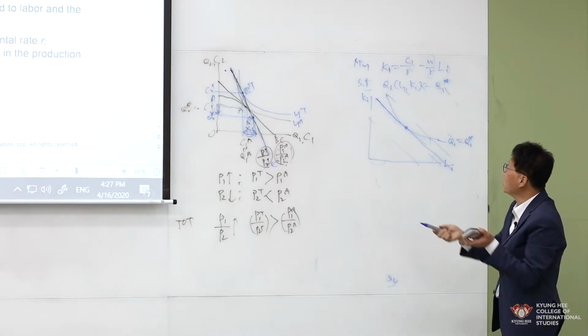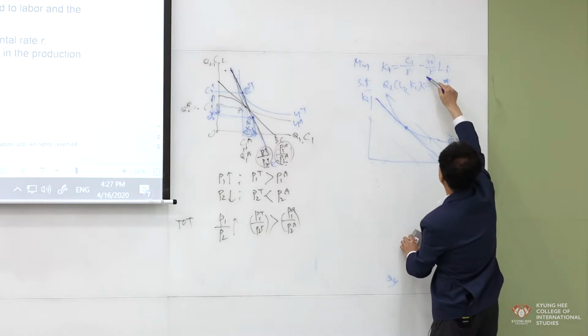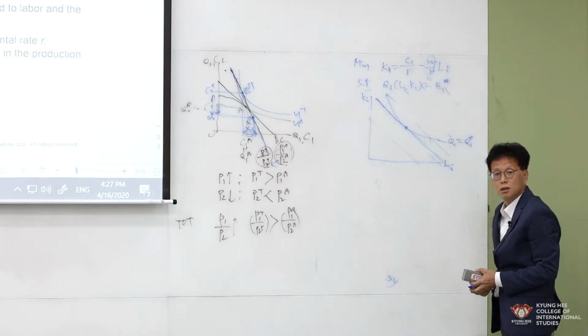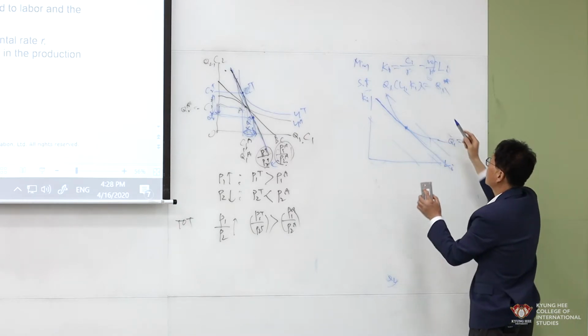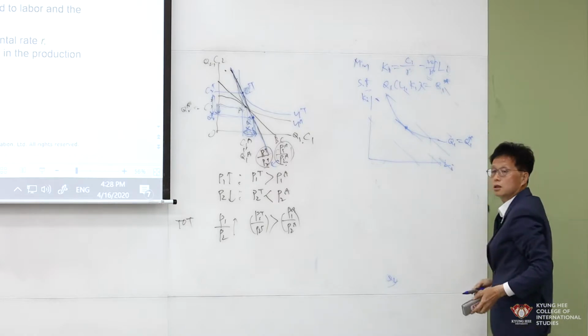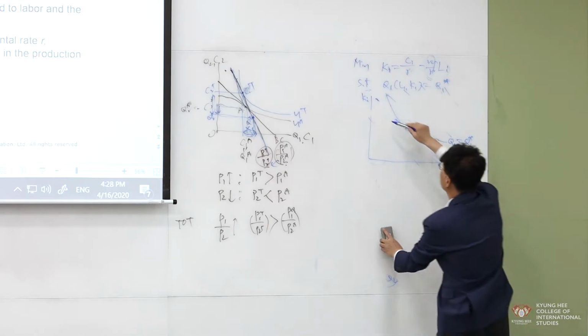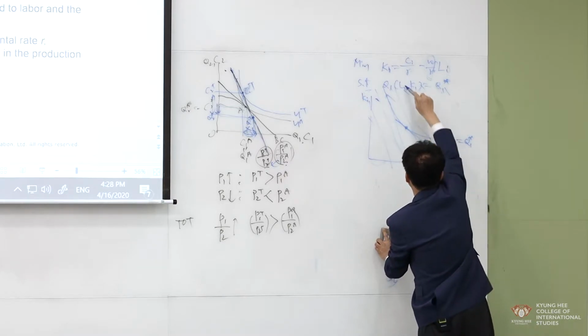Now, the wage rate increases. Then the slope of the isocost line increases, right? It changes. Then you have to solve the cost minimization problem again with a different slope of the isocost line. For example, W over R increases, then like this.